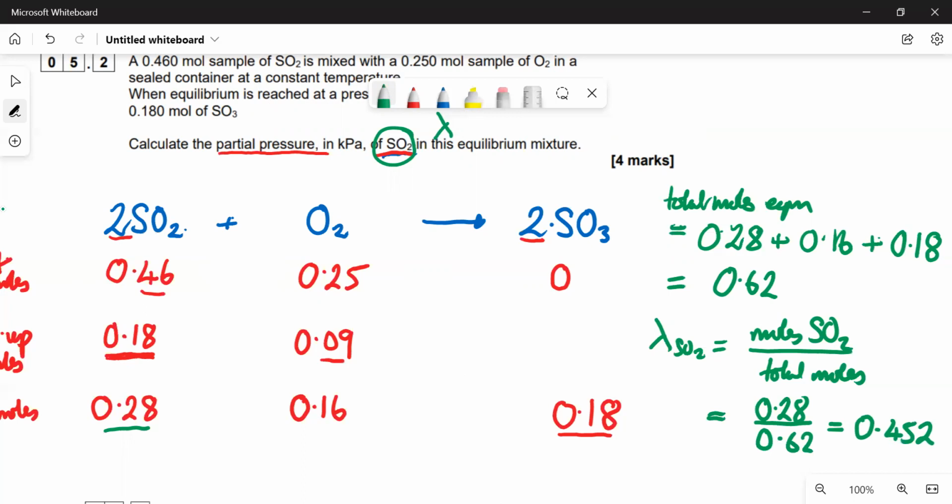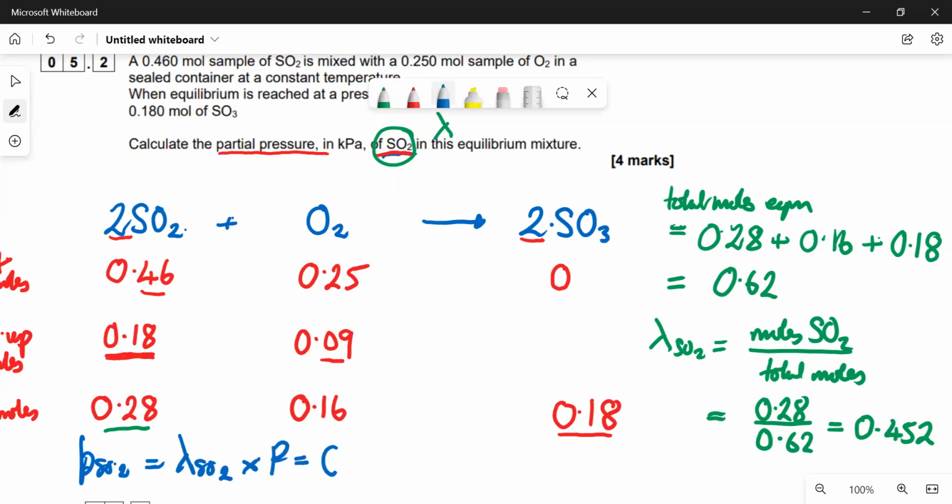Right. Now we have got to work out the partial pressure. So if you remember the equation, the partial pressure of SO2 is going to be equal to the mole fraction of SO2 multiplied by the total pressure.